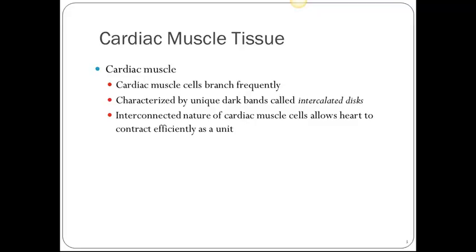Sometimes we think they're a little bit like striations, but you will see intercalated discs within these striations, and that's how we tell the difference between cardiac muscle and skeletal muscle. The interconnected nature of cardiac muscle cells allows the heart to contract efficiently as a unit. So cardiac muscle is only seen in the heart.